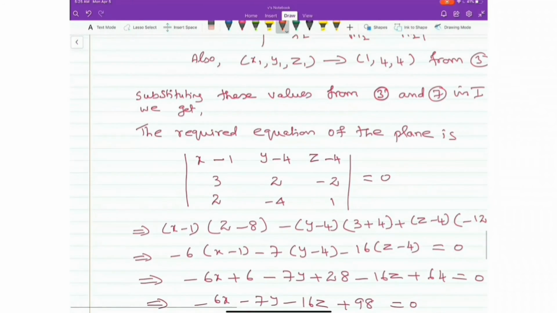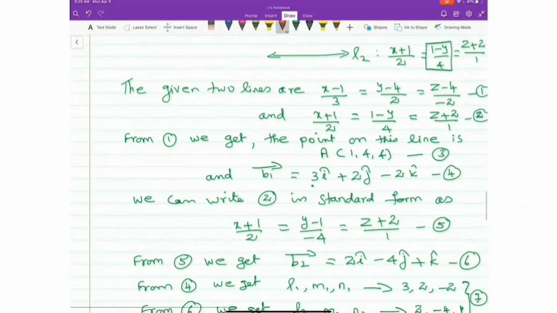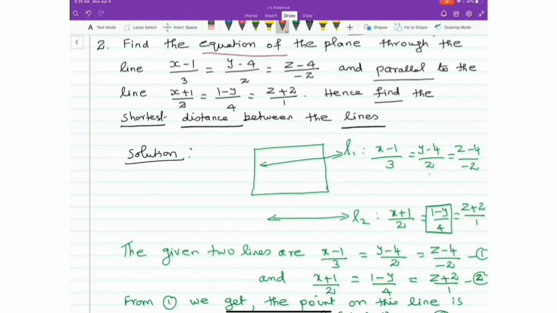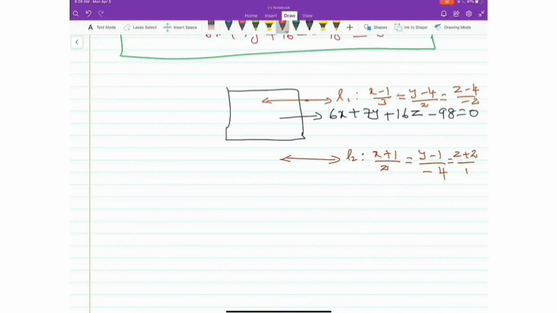The question is, hence find. That word hence is very, very important. That means you are going to make use of the equation of the plane. We know the equations of the lines L1 and L2. Easily we can find out the shortest distance between the two lines. But that is not the case over here, because that word hence is very important.